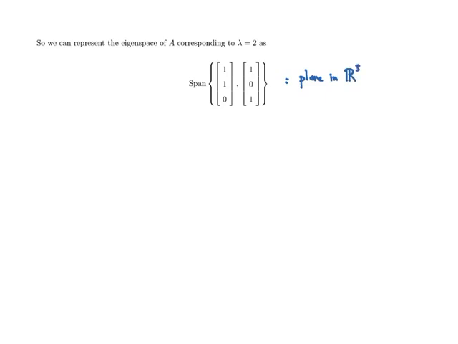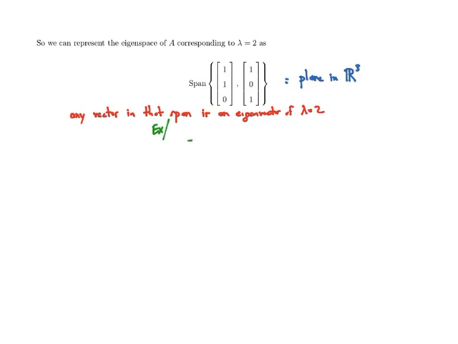That's what it looks like graphically. And any vector in that span is an eigenvector corresponding to lambda equals 2. Again, that is infinitely many. Anything in that span, any linear combination of those vectors, will be an eigenvector.